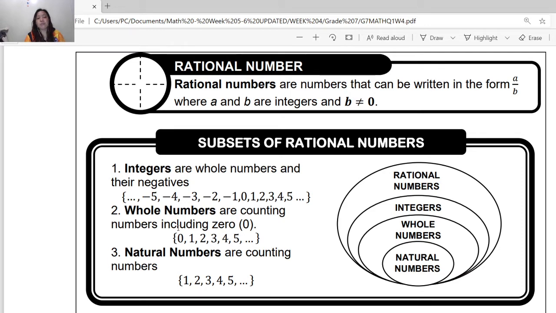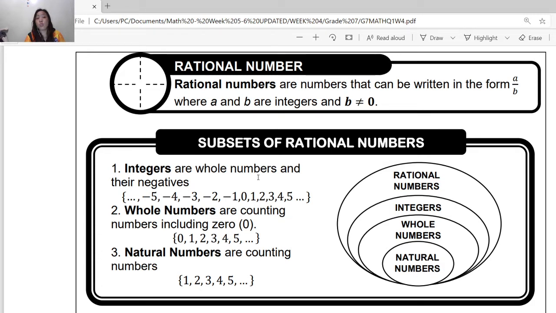So again, whole numbers are counting numbers including 0. So we have here the set containing 0, 1, 2, 3, 4, and so on. Another is integers. Natural numbers and whole numbers belong to integers. What are integers?